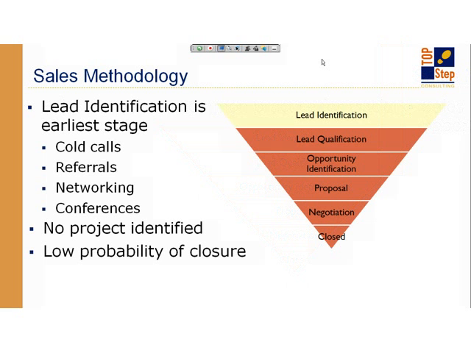There's really no project identified because there may not have been an actual conversation yet. It's really just potential leads, potential follow-ups. There's a very low probability that this type of deal will close because there's little known about the environment, the customer, the sponsors, the needs at that point.